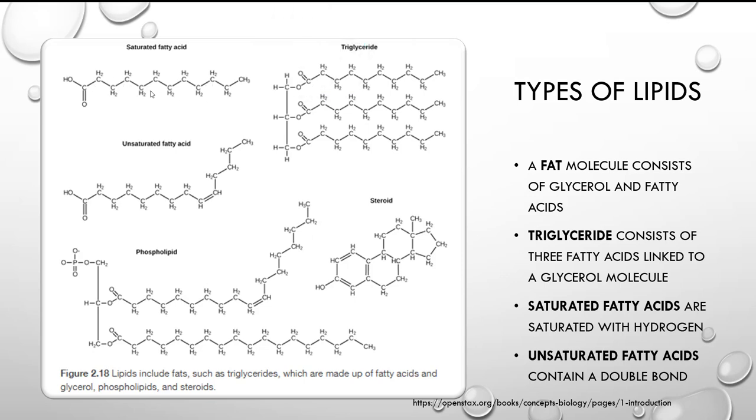So each one of their carbons is saturated with hydrogens. Unsaturated, there's less hydrogens, and so it leaves little kinks or openings, makes it more spread out. So liquid at room temperature. Saturated, very saturated with hydrogens, so there's no kinks in the chain, and so it's going to be solid at room temperature. Okay, so that's what the difference is.